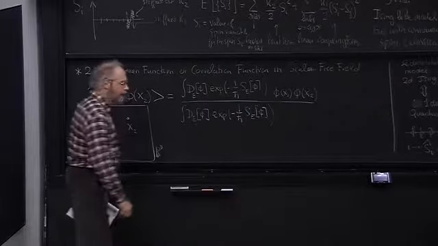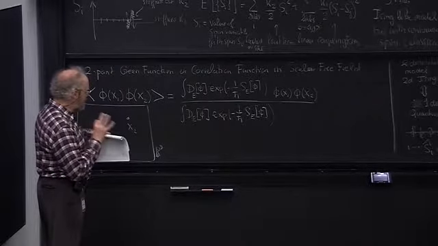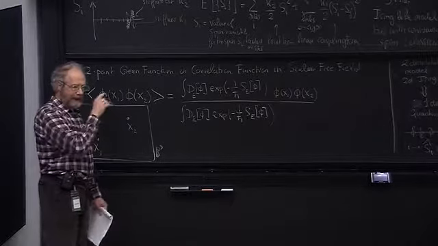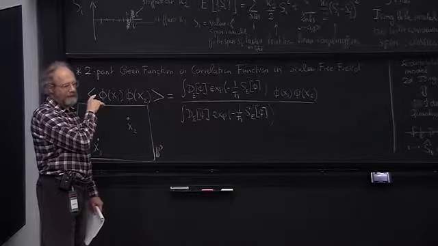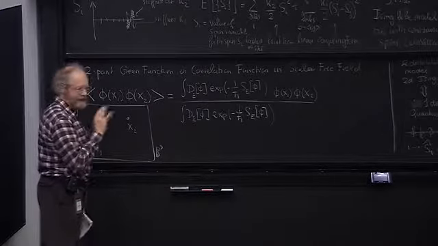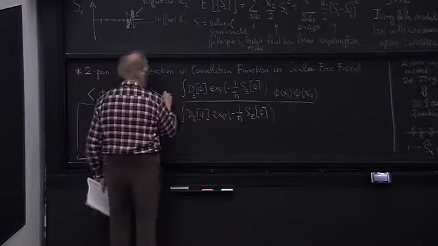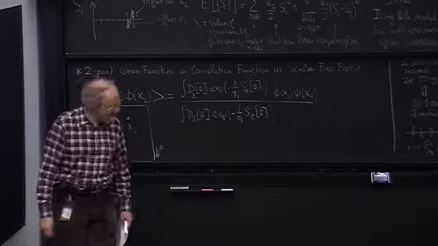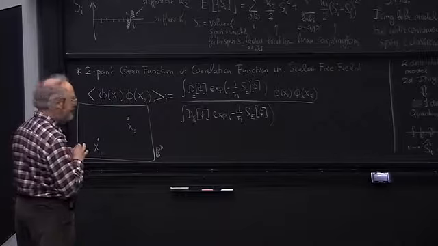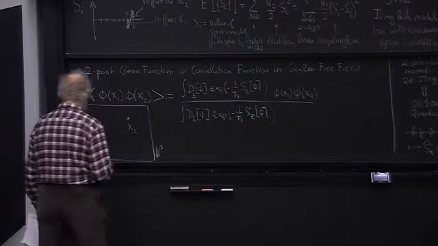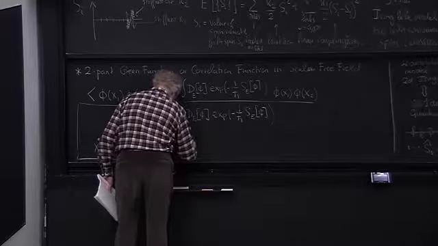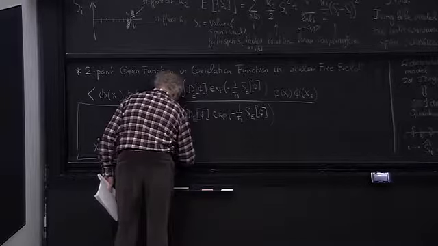Okay. That's just by analogy with what we did for quantum mechanics, where we were considering, remember, the expectation value of products of two position operators. So take this as a definition. This is what I call the two-point correlation function in the scalar free field in Euclidean space-time, for the Euclidean theory.